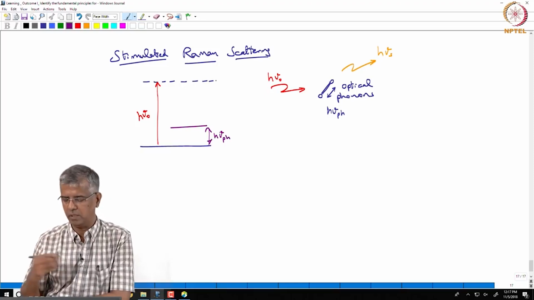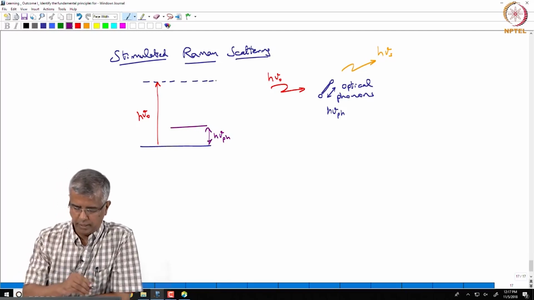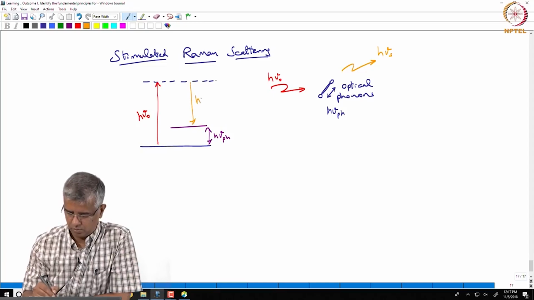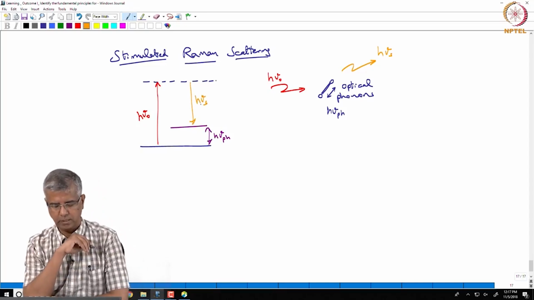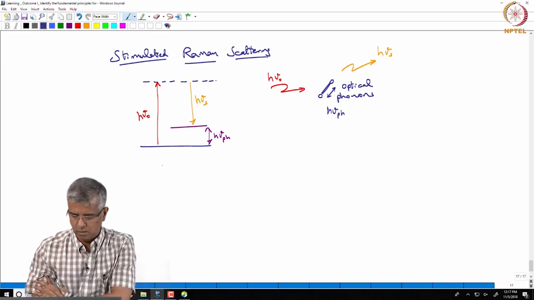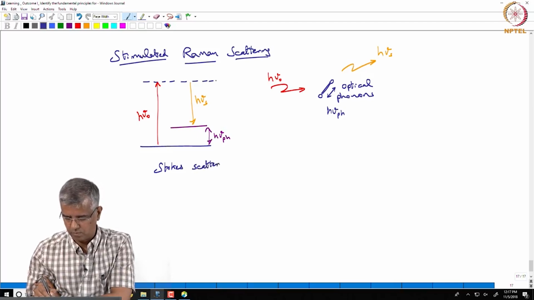It's giving some energy to the vibration mode, and then it's essentially scattering off with lower energy. Okay. So this process is the Raman-Stokes scattering process.